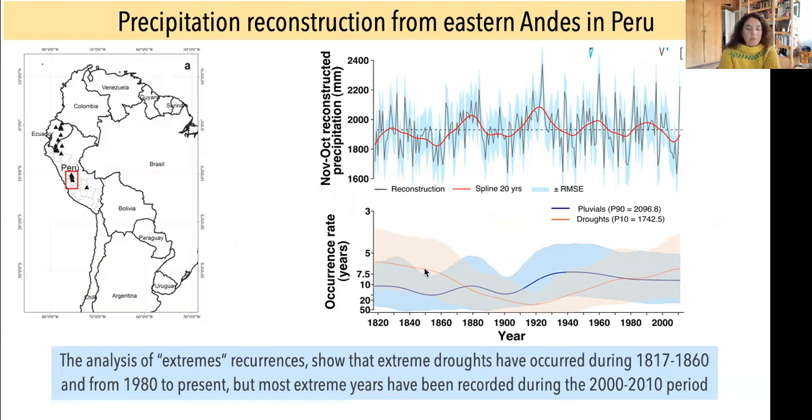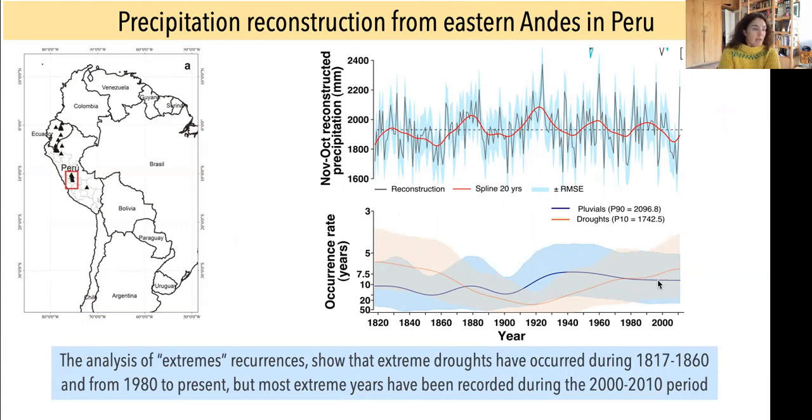But also the recurrence of these extreme dry years has been increasing during the last 3 decades, from 1980 to the present. And one very extreme event occurs every 3 to 5 years in these last decades, suggesting that there is a growing trend in severe drought occurrence.